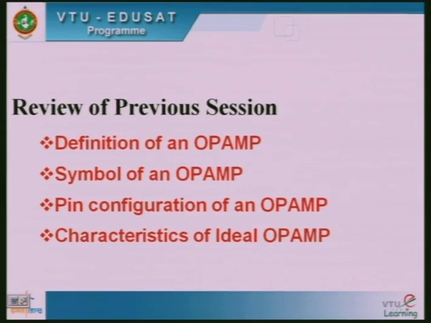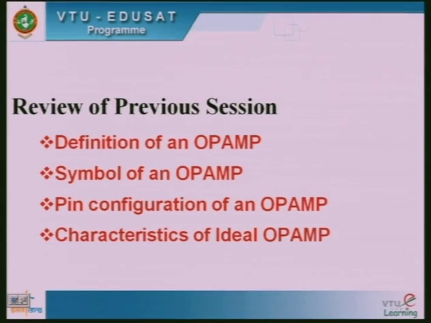Then we moved on to the symbol of an op-amp. The symbol of an op-amp is a triangle that points in the direction of signal flow. We have discussed 5 different points which are important for the op-amp. Then we discussed the pin configuration of an op-amp.